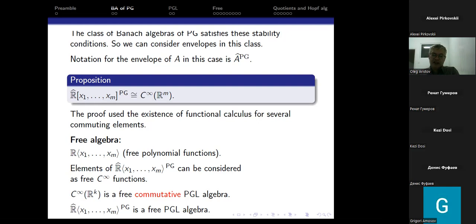In fact, C infinity on R^M is a free commutative PGL algebra. But the envelope of the free algebra is not a free PGL algebra in general.